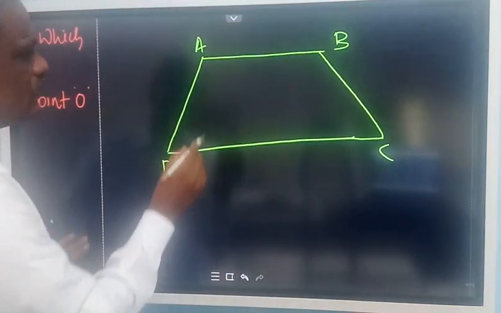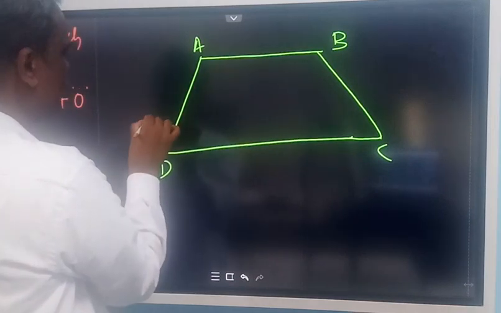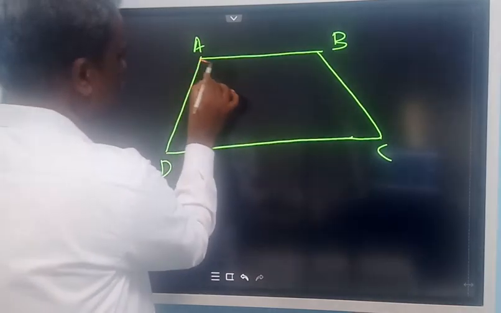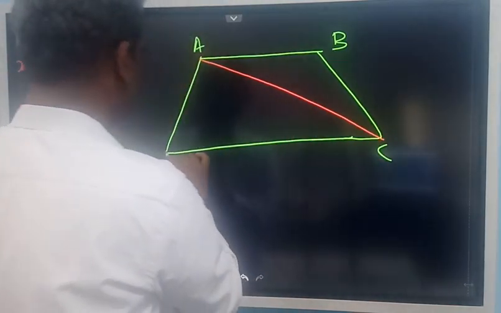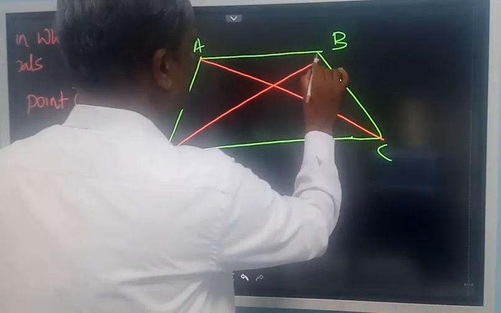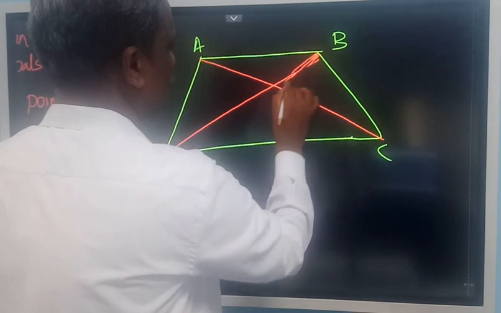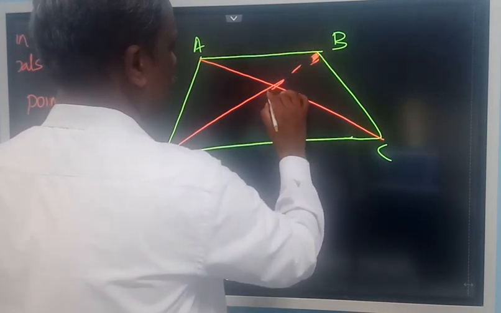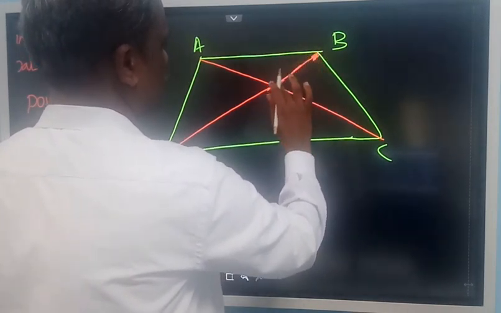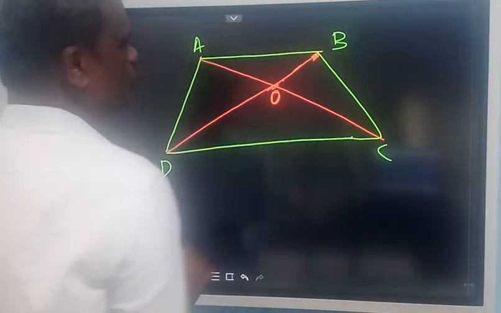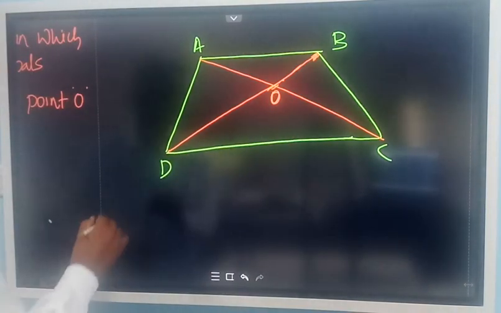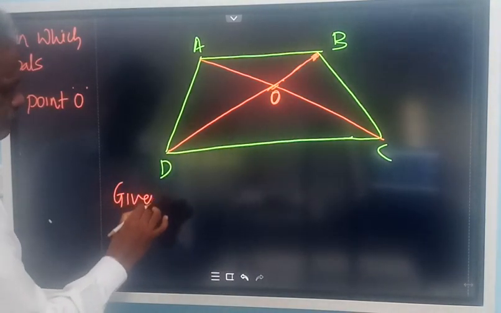Let us draw the diagram. Its diagonals intersect at the point O. Diagonals now. AC is one diagonal. BD is another diagonal. So let us call the point of intersection O. So let us write what is given here.